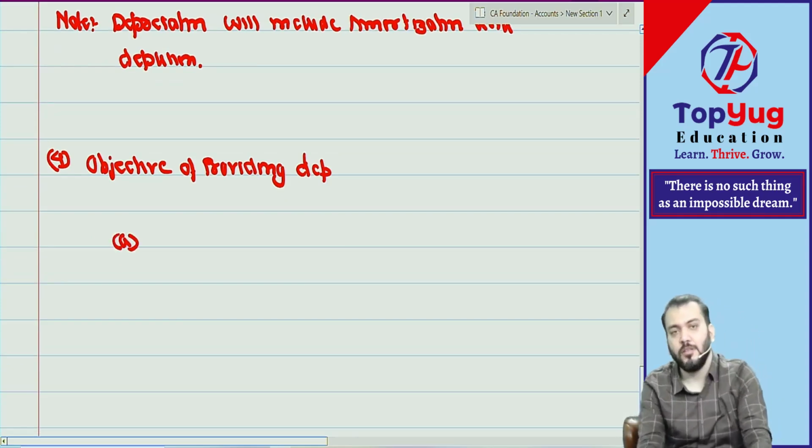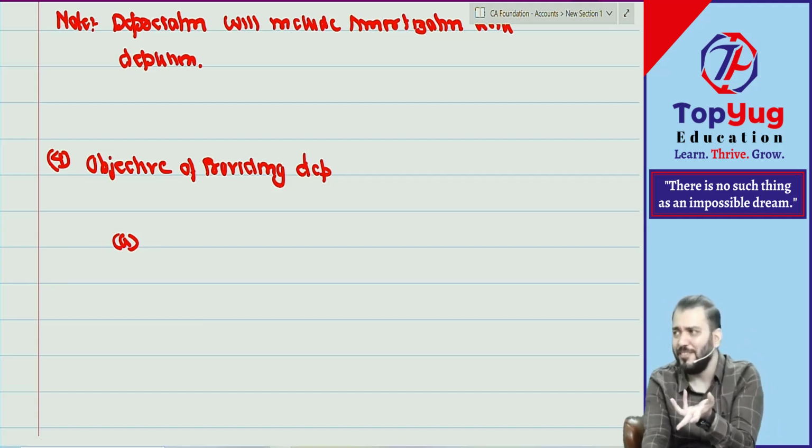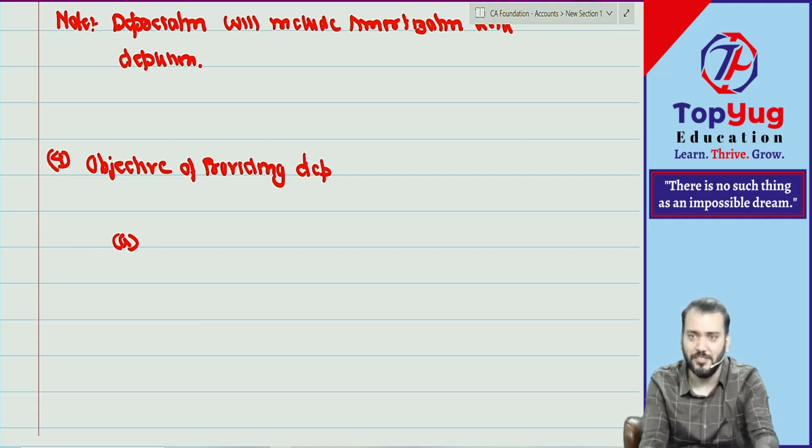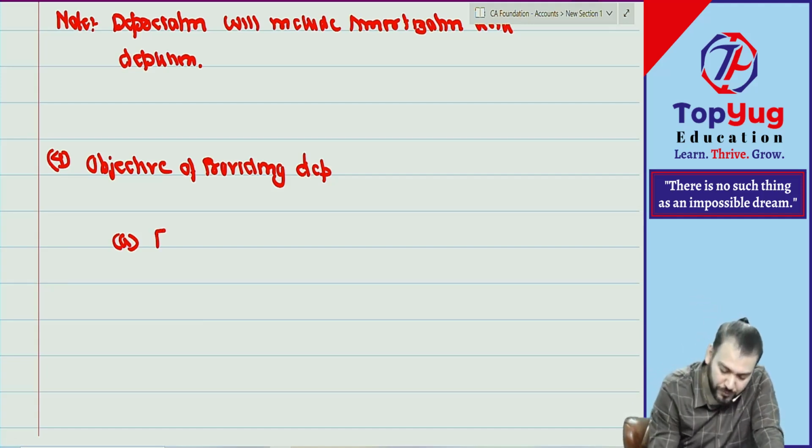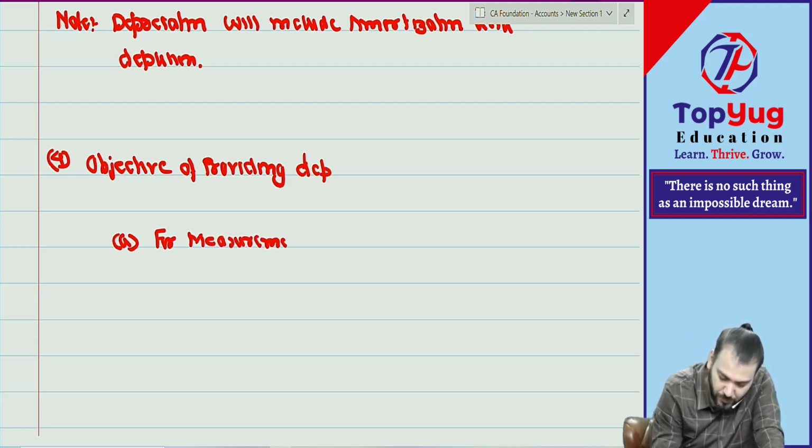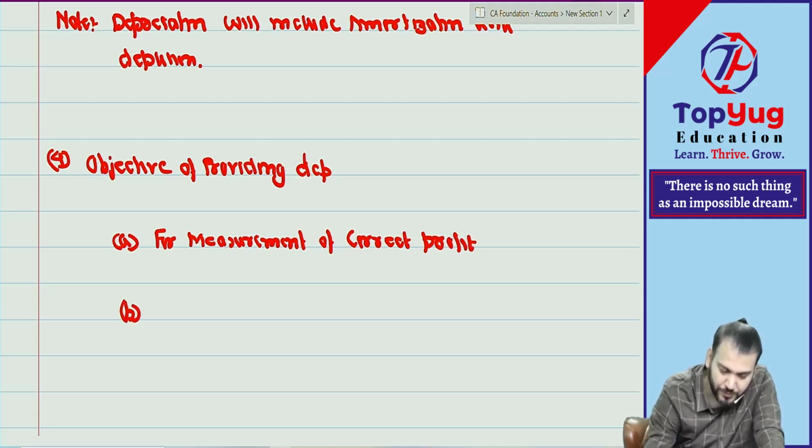For proper measurement of net profit, because net profit can be calculated only after the depreciation expense has been charged. So for measurement of correct profit. Tell me, second objective is what?